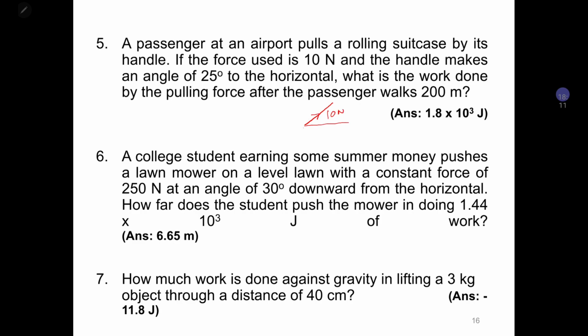The angle between this one is 25 degree. And then S is adalah sebanyak 200 meter. So W sama dengan Fs cos theta, 10 Newton darab dengan 200 cos 25. So awak akan dapat 1813 joule or 1.8 kilojoule.